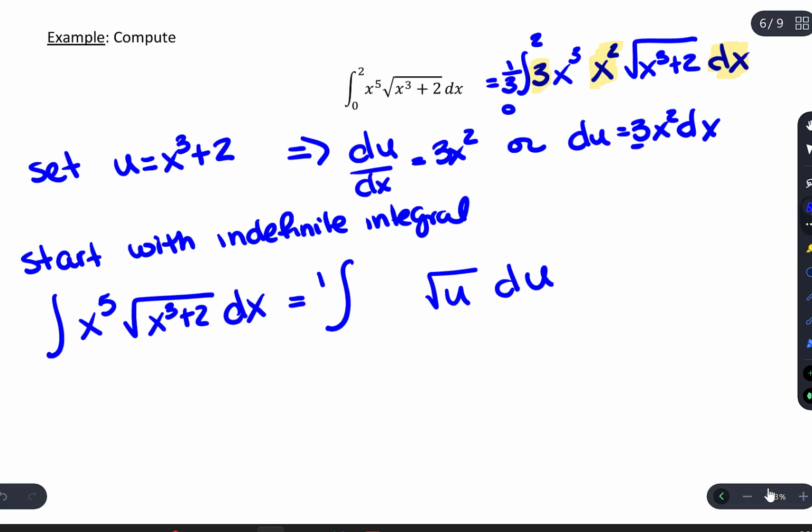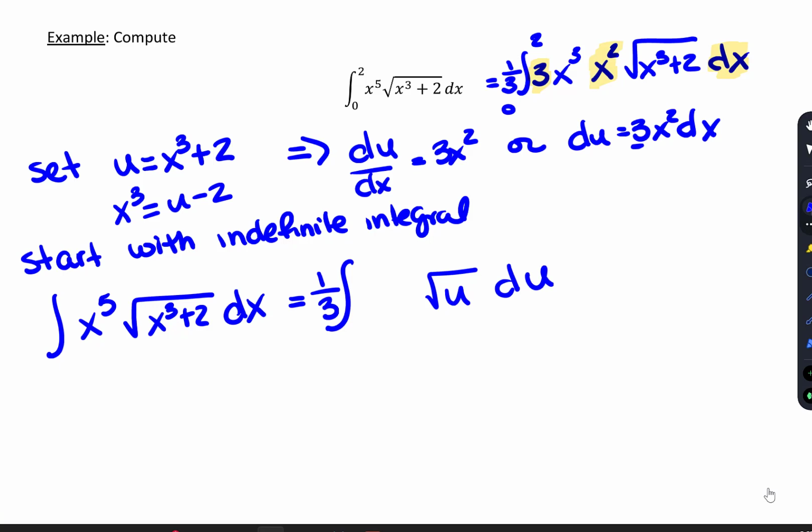I can move the 1/3 out here, but if I want to know what x cubed is equal to, notice that x cubed is equal to u minus 2, since u is equal to x cubed plus 2. So out front, we could have a u minus 2, and we've substituted all of our pieces.